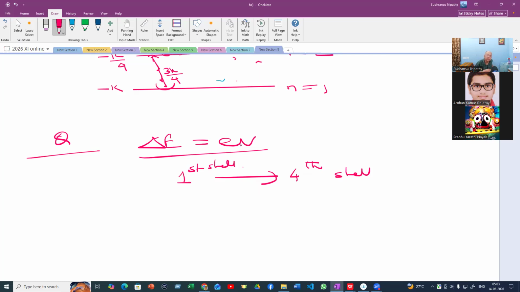And then from 3 to 2, again it will cut another one, and the corresponding energy difference will come out. Then from 2 to 1, that will be coming out. So if you add these 3 small rasagullas from 4 to 3, then 3 to 2, then 2 to 1, it will be the same as if it transits directly from fourth to first.